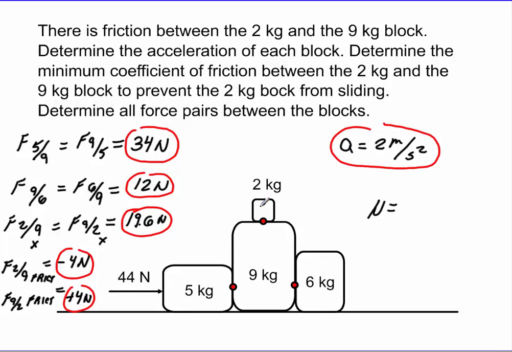Wait, when we're finding the coefficient of friction, it doesn't matter if it's static or kinetic? In this problem, no, because it says it's going to slide with the 9, so you're fine. .204, something like that. Yep.